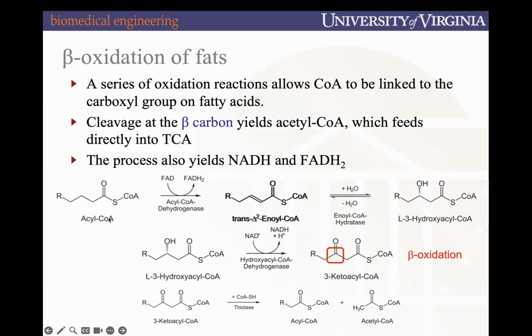And so via a dehydrogenation event here, where we can generate FADH2, it'll undergo a few metabolic intermediate processes that'll eventually lead to the oxidation of this beta carbon at 3-keto-acyl-CoA.